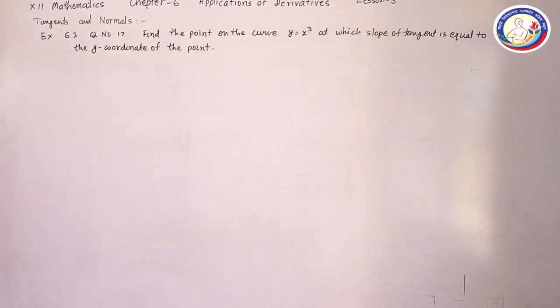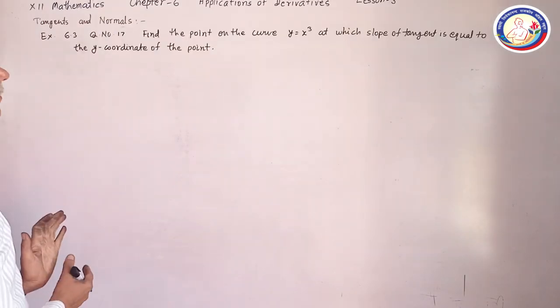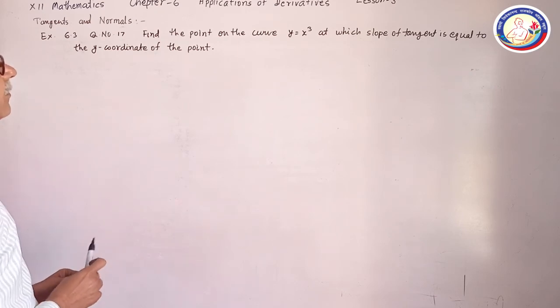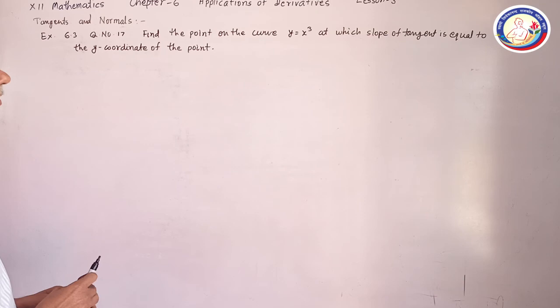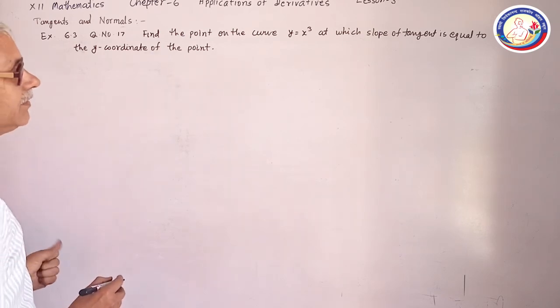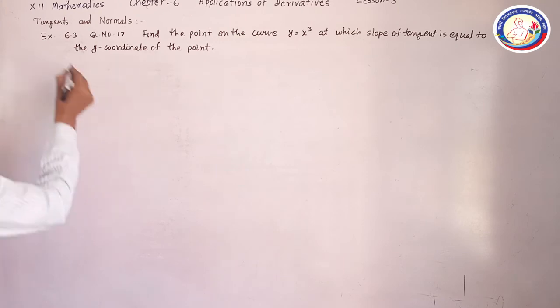Now taking question number 17, we are asked to find a point on the curve where the slope of tangent is equal to the y coordinate of the point. So to find slope of tangent, we will find derivative.